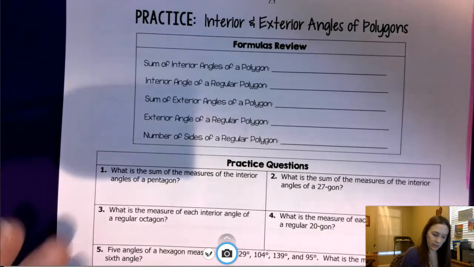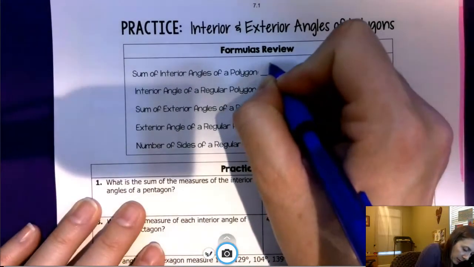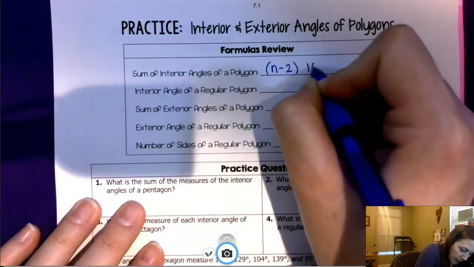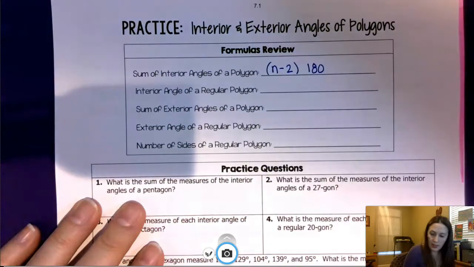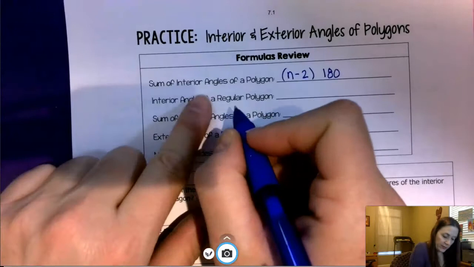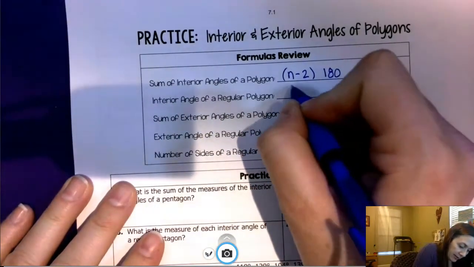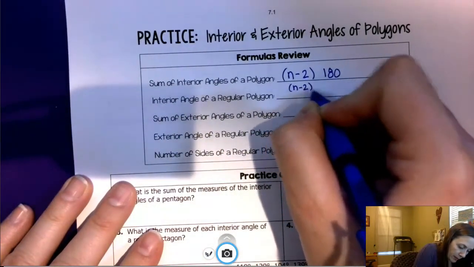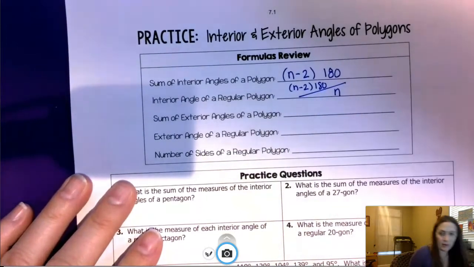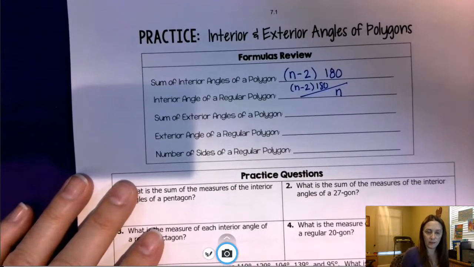Sum of the interior angles of a polygon, remember it's the number of sides that we have, minus 2, multiplied by 180. Now, if I want to find the interior angle of a regular polygon, so still interior, I'm going to take the n minus 2 times 180. Now I take that, though, and I divide it by the number of sides to figure out what one of them is.